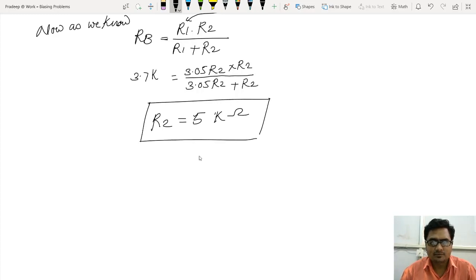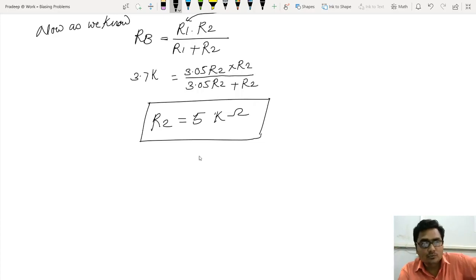Maybe your value is 4.9 or 5.1 kilo. I'm going to write 5k approximately, no matter what your value is. It's an approximate value. If your exact value is 5.107 or 4.972, no matter, we are just writing an approximate value for R2.